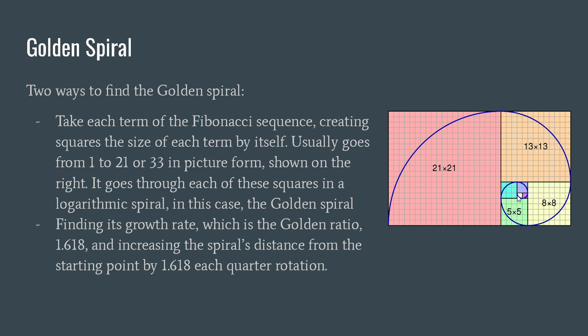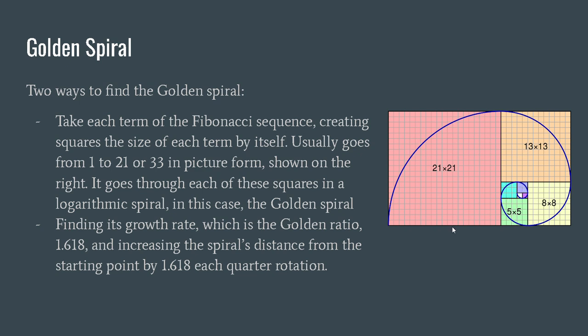This is the other way of finding the golden spiral: starting at the starting point of your spiral, which can be anywhere, every quarter turn you take, you increase by 1.618. And you can see how this is naturally happening within these squares that we've created.